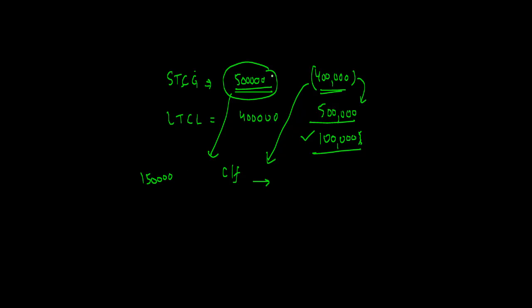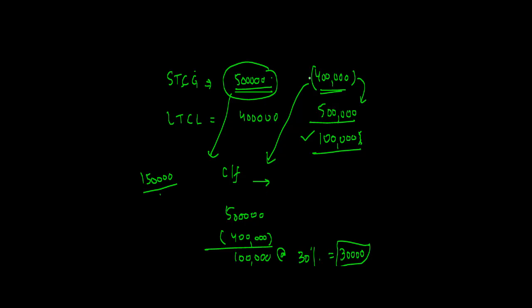If I set off this 4 lakh against this, I will pay tax on how much? 5 lakh minus 4 lakh, on 1 lakh at the rate of 30%, is equal to 30,000. So what's my saving? I would have paid 1,50,000 if this set off was not available, and I paid 30,000 after set off was available. So my saving was 120,000, right?